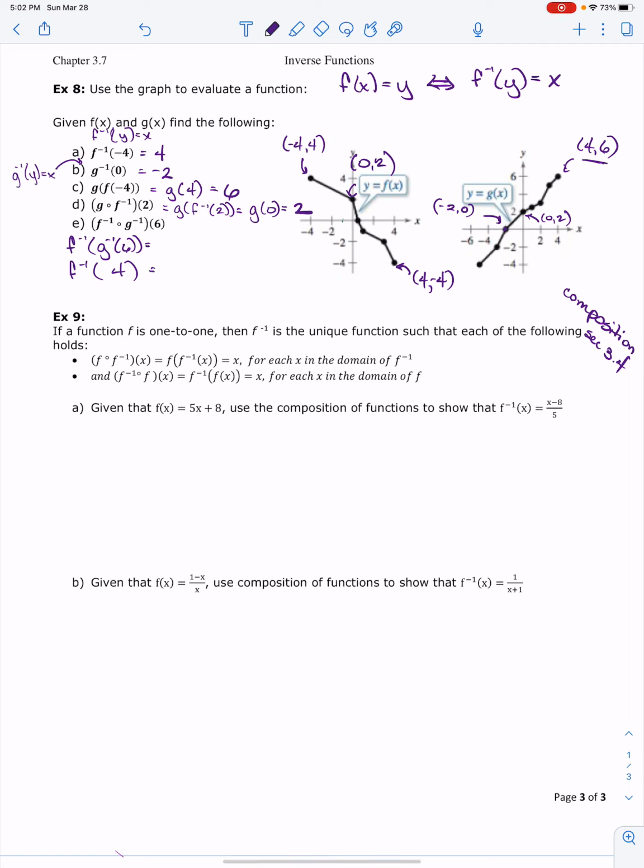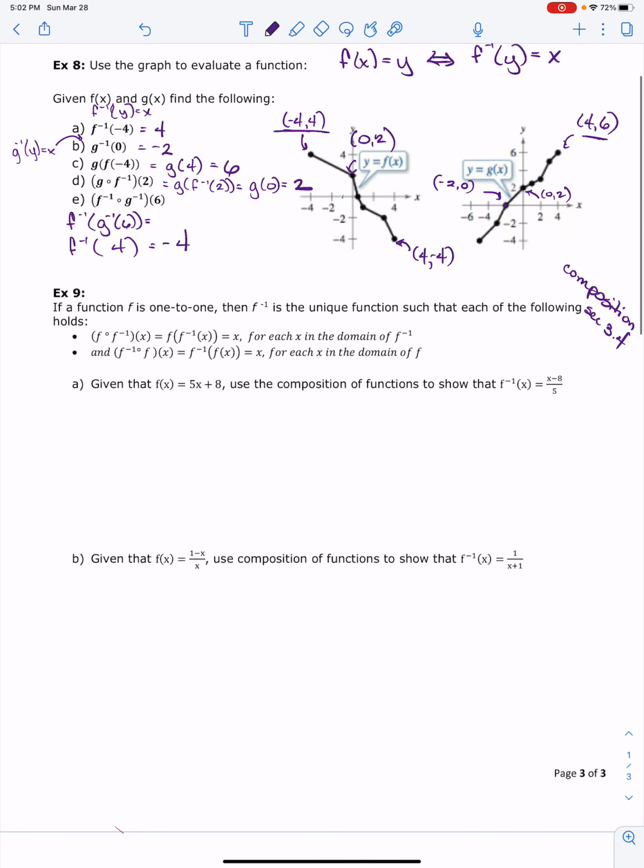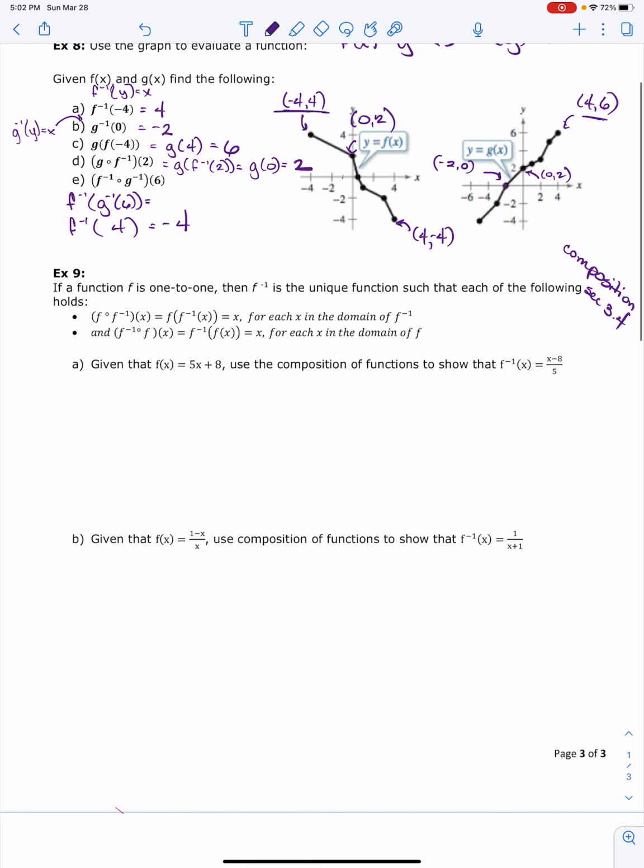Now I want f inverse of 4. That says when y is 4, what's x? And that's this point over here. We get -4. And that's that. Sometimes you've got to slow down and think about exactly what you are being asked.